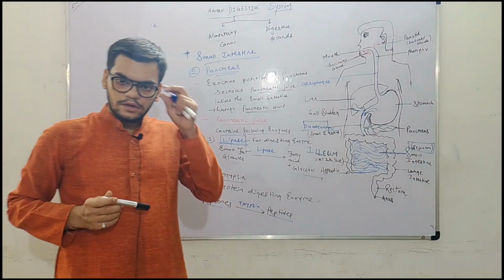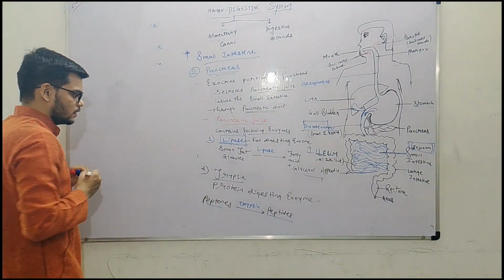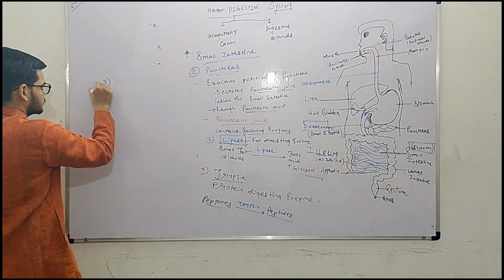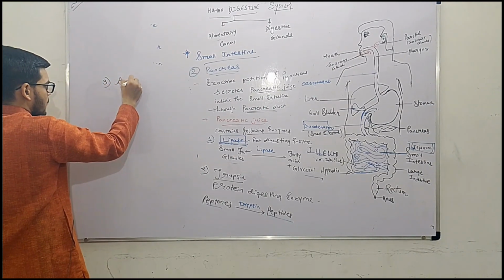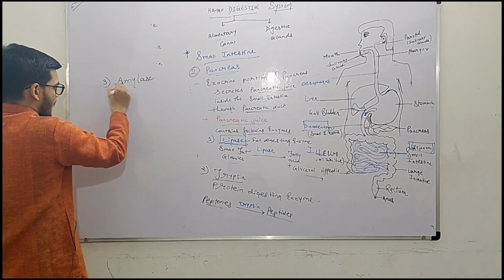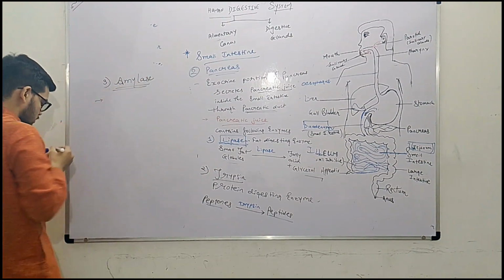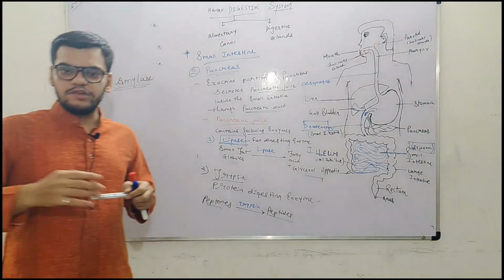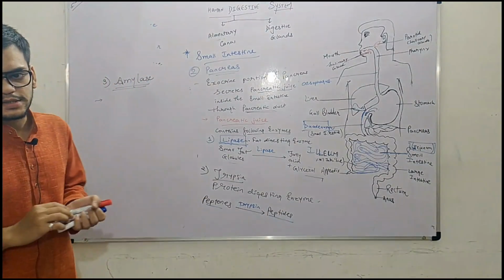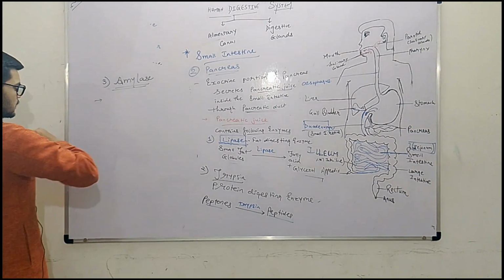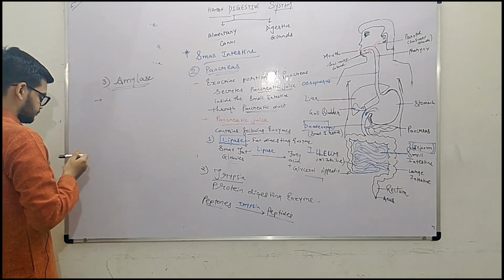The third enzyme of pancreatic juice that we are going to discuss is amylase. This enzyme we have discussed previously also in the salivary gland, that is salivary amylase. This one is pancreatic amylase.